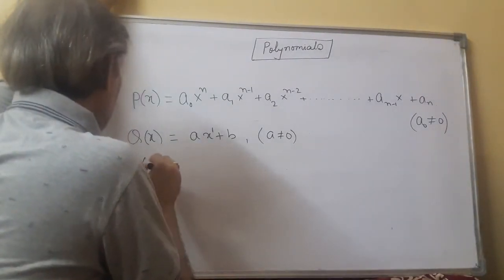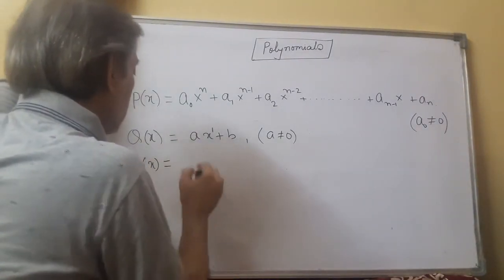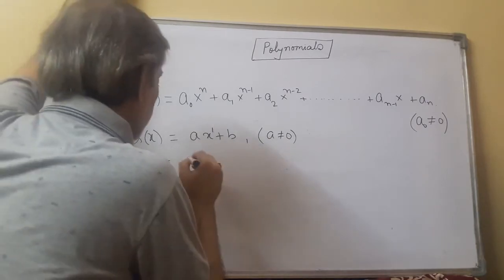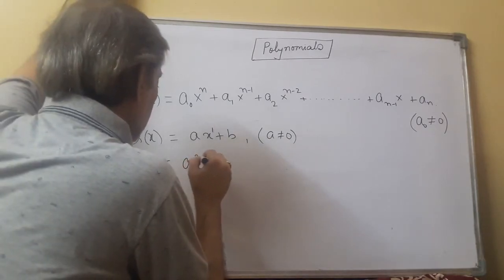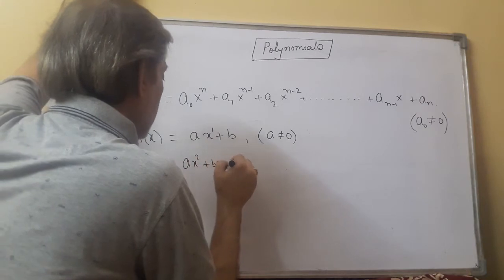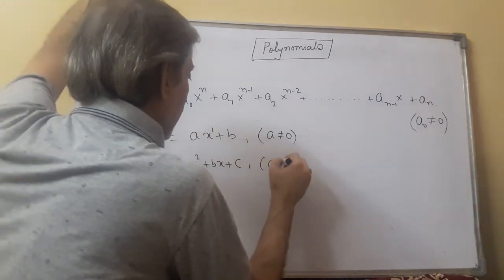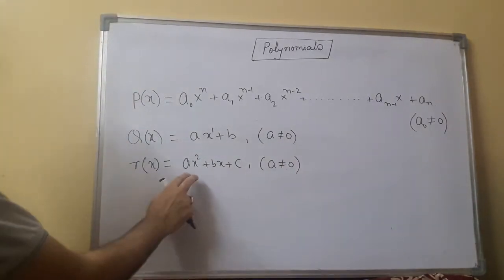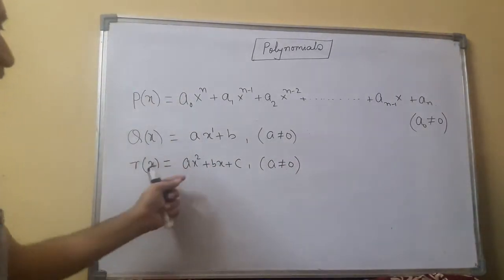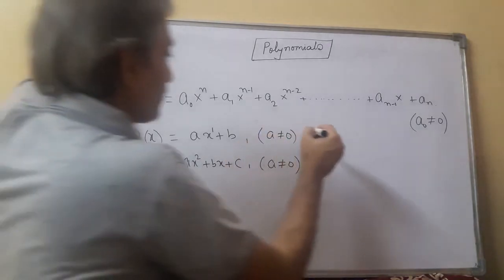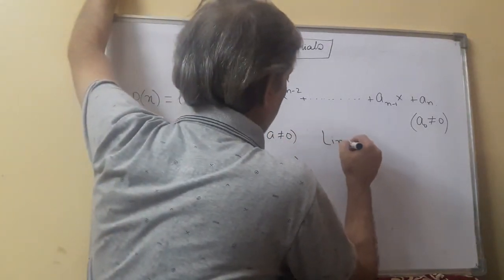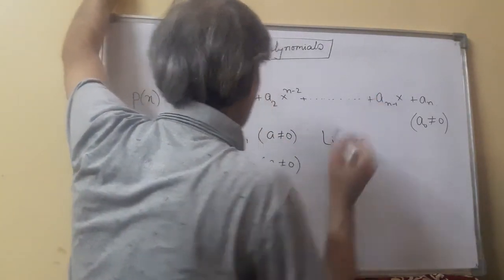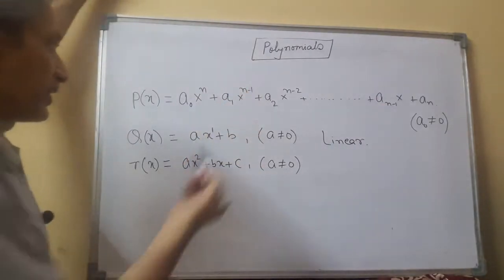Now let us write some more. Next, ax square plus bx plus c. Again a not equal to 0. In this case the highest power of x is 2. We say it is a quadratic polynomial. This is linear. Linear means the highest power of x is 1, the degree is 1.